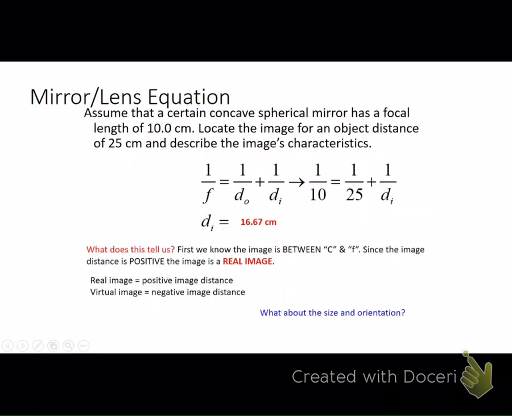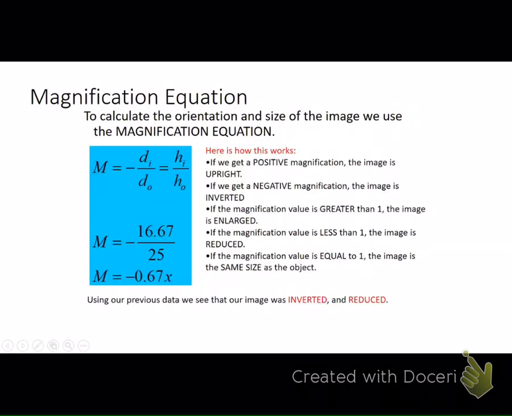Well, we have a separate equation we can pull out. We call this the magnification equation, and really it's just a ratio. So it's not a lot of plugging and chugging, it's just a simple ratio. We can do one of two things. I can take a ratio of the image distance to the object distance, but my catch is I have to put a negative sign in front of that one.